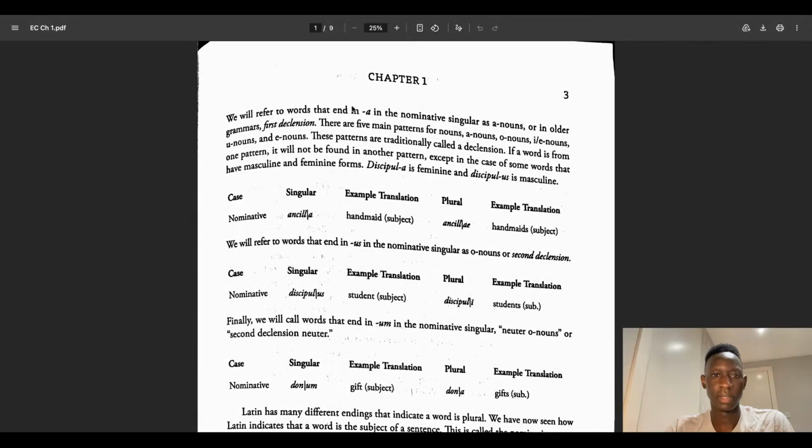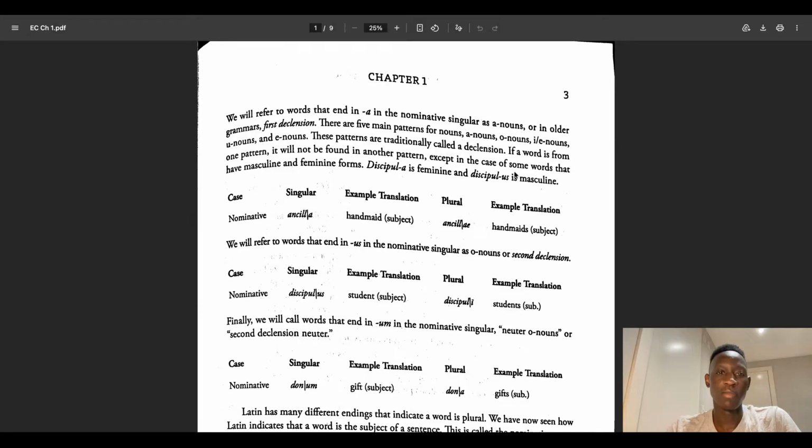Chapter 1. We will refer to words that end in a in the nominative singular as a nouns, or in older grammars, first declension. There are five main parts for nouns: a nouns, o nouns, i or e nouns, u nouns, and e nouns. These patterns are traditionally called a declension.